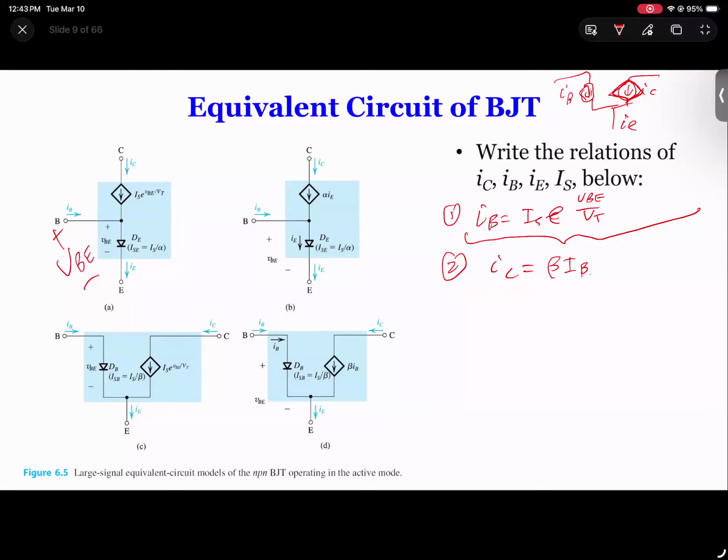That equation over there: IB equal to IS times e to the power of something, right?